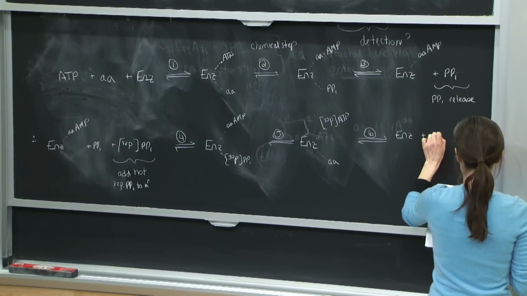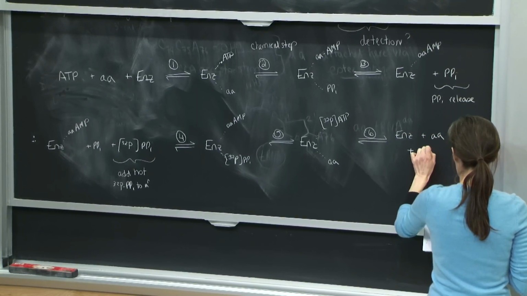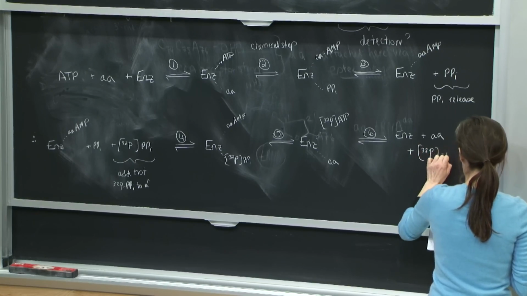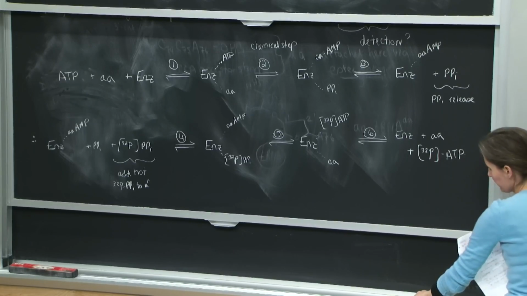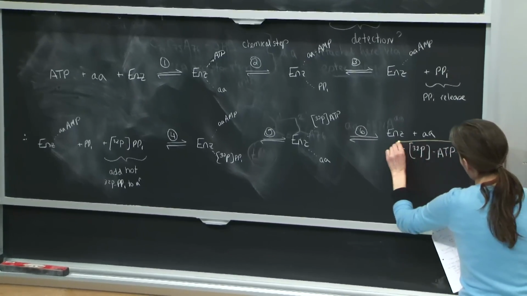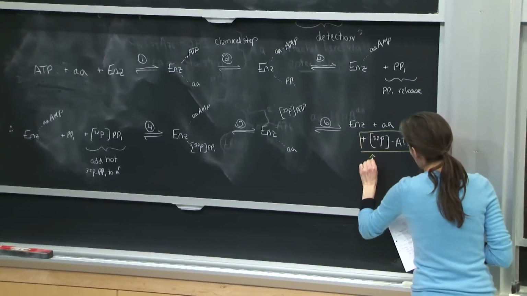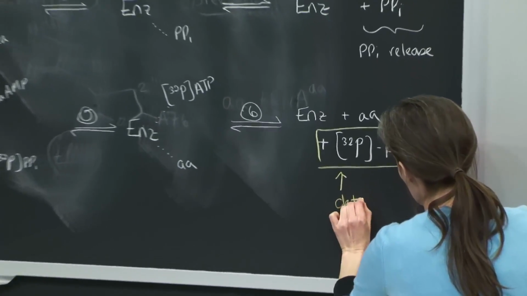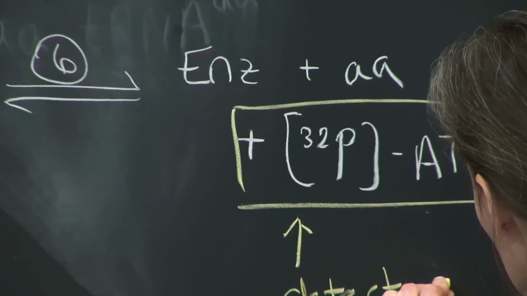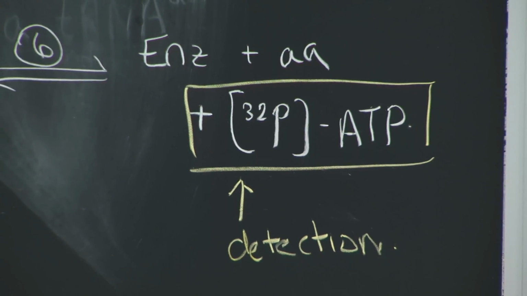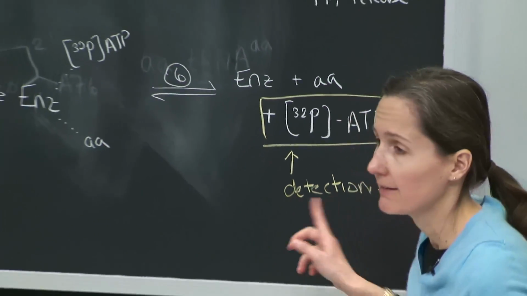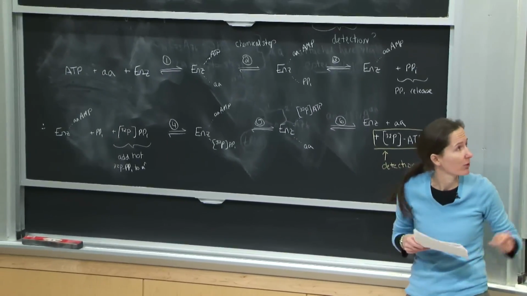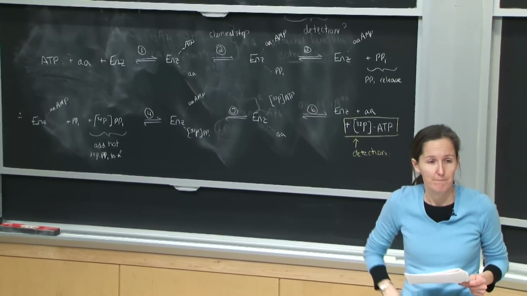And then we have release here. Okay, so then the question is, can you detect this? Okay, and so if you can detect some incorporation of this radiolabel into the ATP, that indicates that this enzyme worked through that type of intermediate.